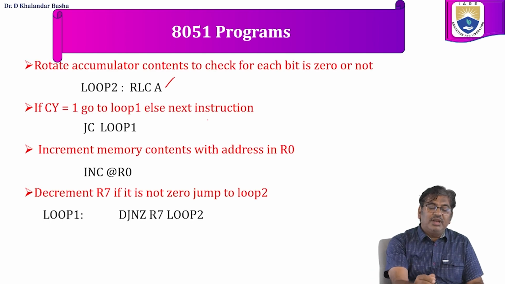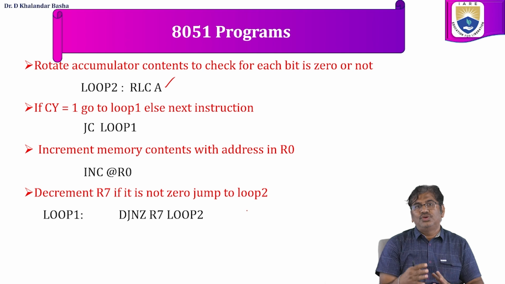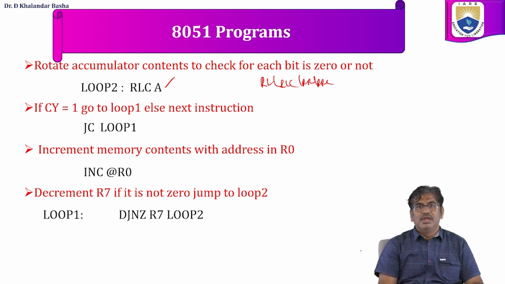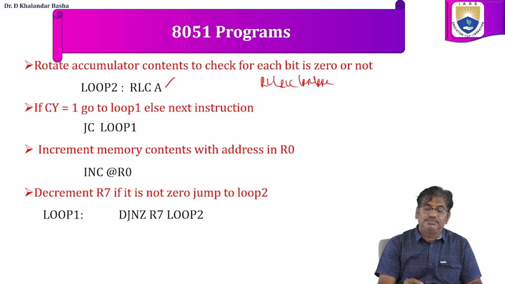Next, we will rotate these contents towards left side. Either we can write RL or RLC or RR or RRC. Any instruction we can use. Either we can shift the contents towards left side or we can shift the contents towards right side. This shifting operation through rotate instructions either with carry or without carry, because there is no significance of carry here.